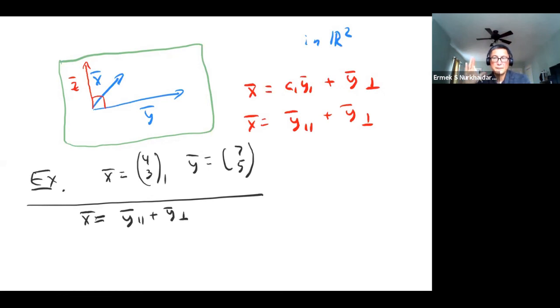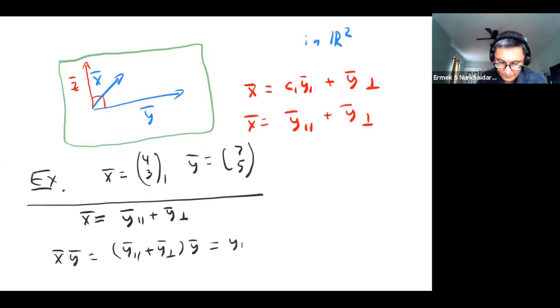We start with x. Now we take the dot product of x with y. We know what x is: it's the parallel piece plus the perpendicular piece. We multiply by y and distribute the multiplication. The perpendicular piece times y, because they're orthogonal, is going to be equal to 0.